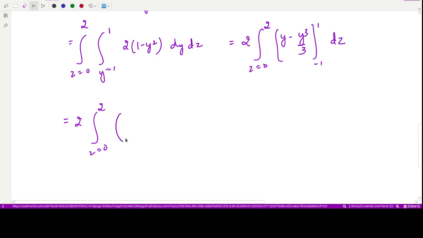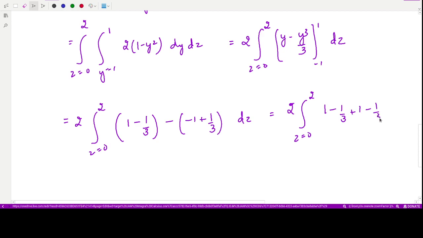When you substitute the upper limit of 1, you have 1 minus 1 by 3, and then you substitute the lower limit, you have minus 1 plus 1 by 3, into dz. So when you solve this, you have 2 integration z varying from 0 to 2. This would be 1 minus 1 by 3 plus 1 minus 1 by 3 into dz.